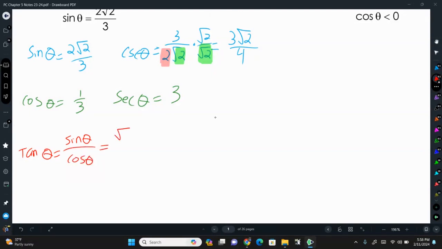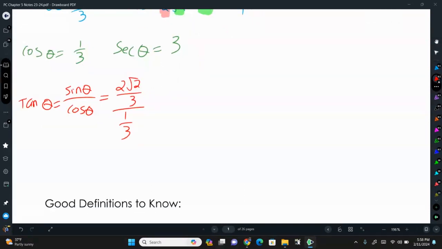So we have 2 square root of 2 over 3 over 1/3. Well, instead of dividing by 1/3, we can multiply by the reciprocal. So 2 square root of 2 over 3 times 3 over 1, well, the 3's will cancel, and we're left with 2 times the square root of 2.